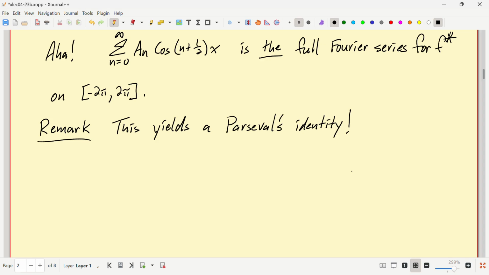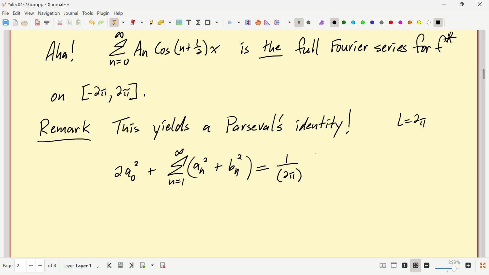Let's see, so the Parseval's identity is that 2a0 squared plus the summation as n goes from 1 to infinity of an squared plus bn squared. We have an L here now, where L is equal to 2 pi. And so the Parseval's identity said this would be 1 over L integral from minus 2 pi to plus 2 pi of f star squared dx.